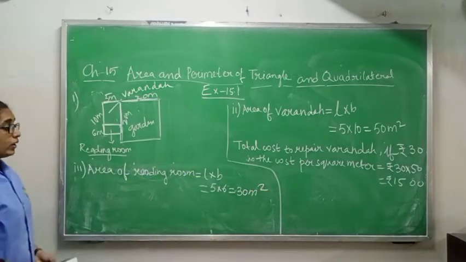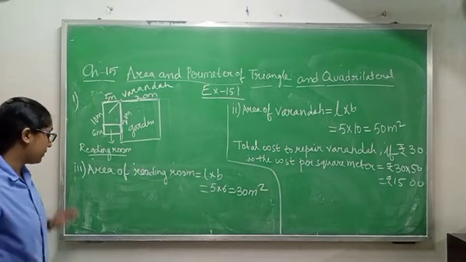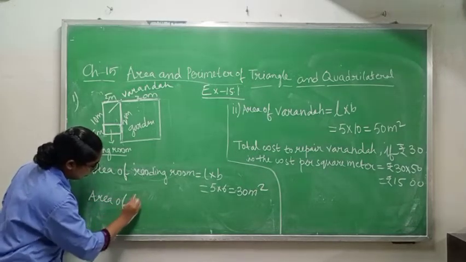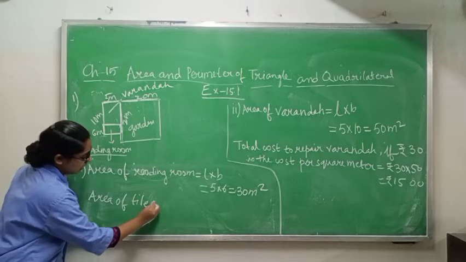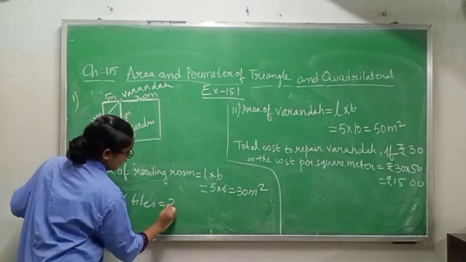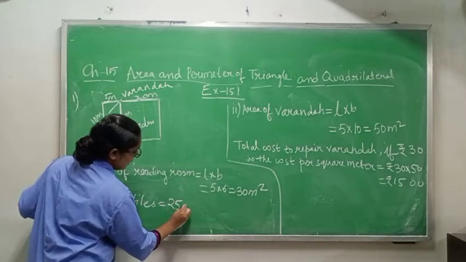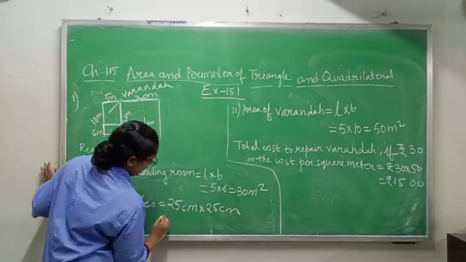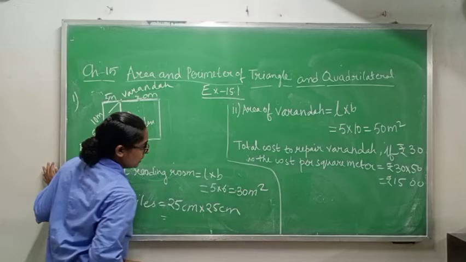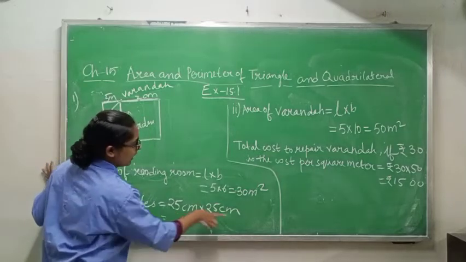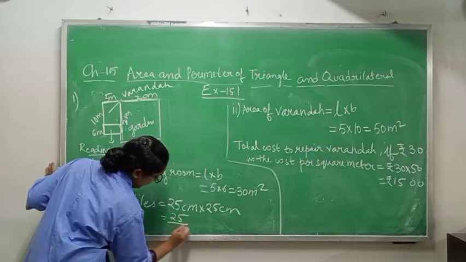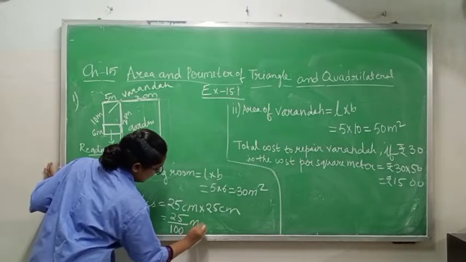Now area of tile. Area of tile is given, 25 centimeter into 25 centimeter. Now this one you are getting in meter, so you have to convert this centimeter as well as this centimeter into meter. So you will divide by 100. It will become meter.